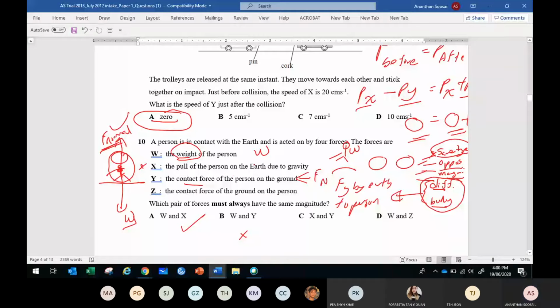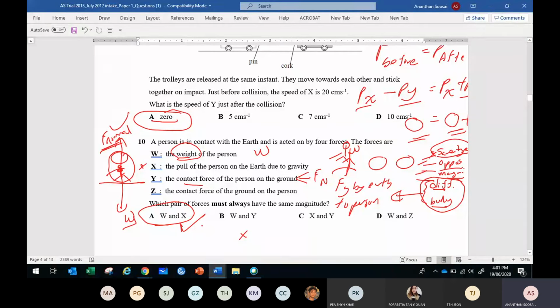The person pulls the Earth up. That's the reaction. So W and X would be the action reaction pair. They act on different bodies, same type, both gravity, oppositely directed, same magnitude. So the answer is A.